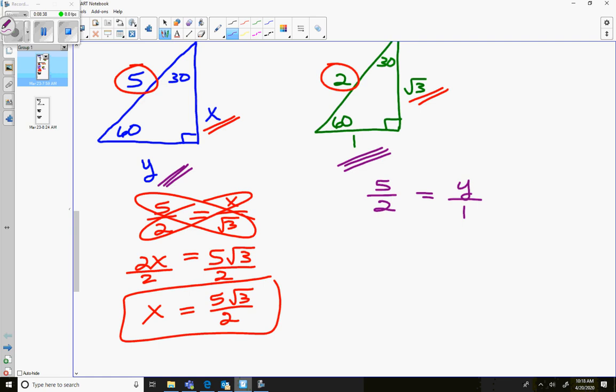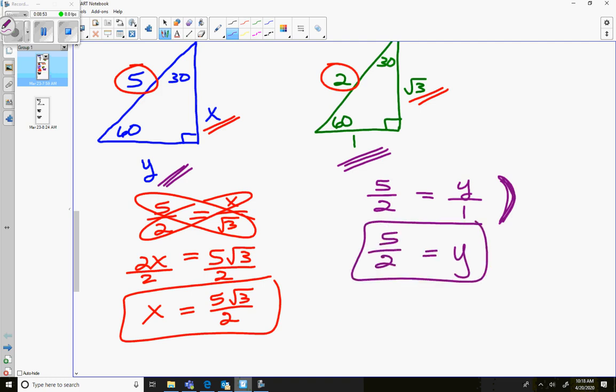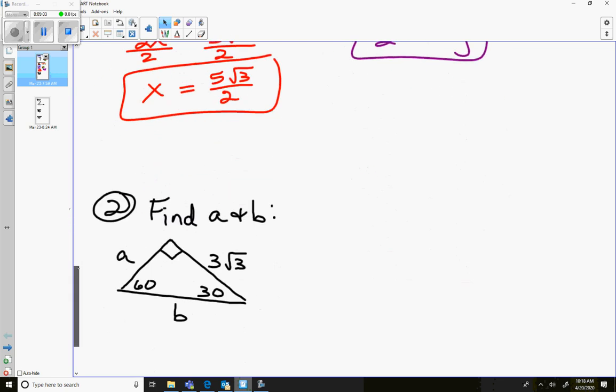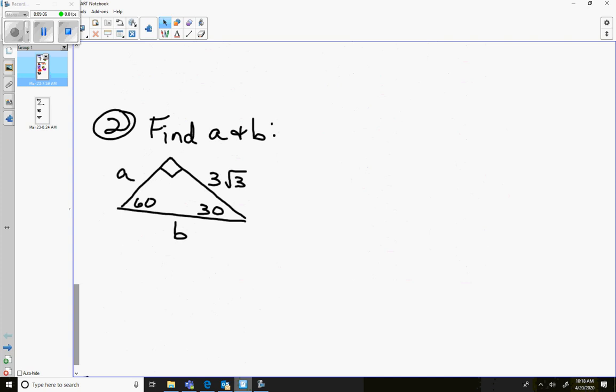But sometimes there are shortcuts. Looking at this right here, what is y over 1? It's just y. There's no need to cross multiply in this case. It's already solved. Y equals 5/2. And that's your answer to that problem. And it really is that simple as long as you have your standard 30, 60, 90 triangle memorized.